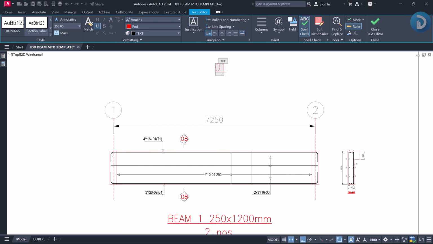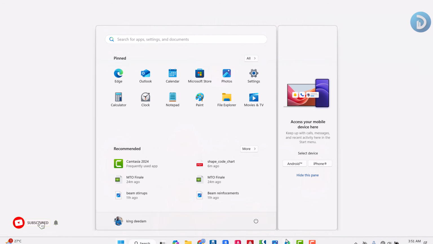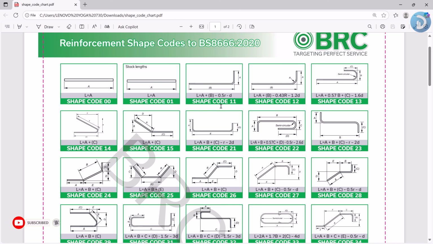If we pull out our shape code chart as given by BS 8666:2020, since I'm preparing this material take-off with respect to the British code, you will see that we have different shape codes respective to how these reinforcements are bent.